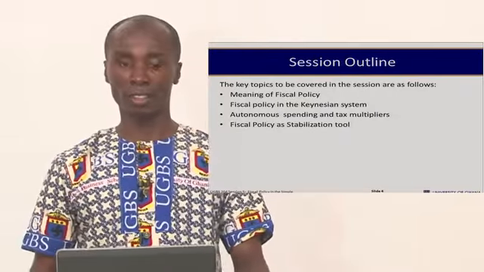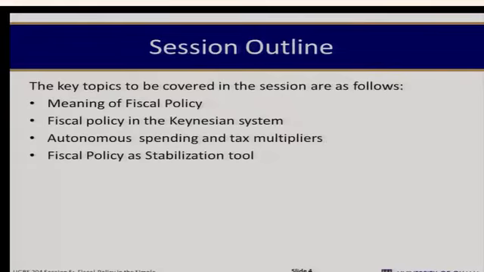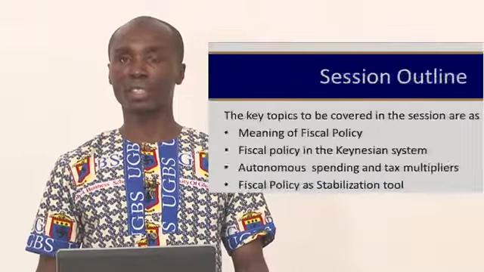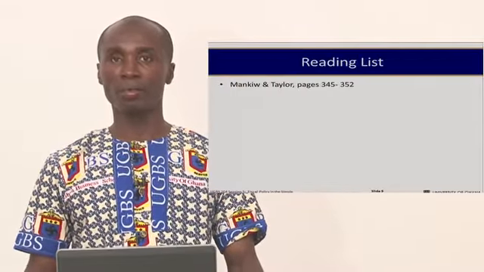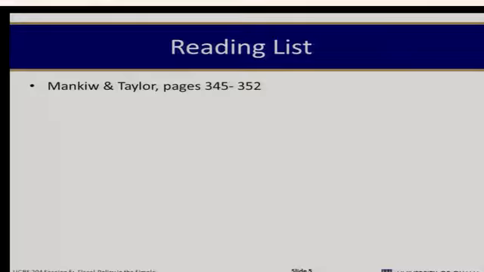So the main topics, as already indicated, are the meaning of fiscal policy, how fiscal policy works in the simple Keynesian system, and then how fiscal policy is used as a stabilization tool. The main reading list for this is pages 345 to 352 of the book by Mankiw and Taylor.